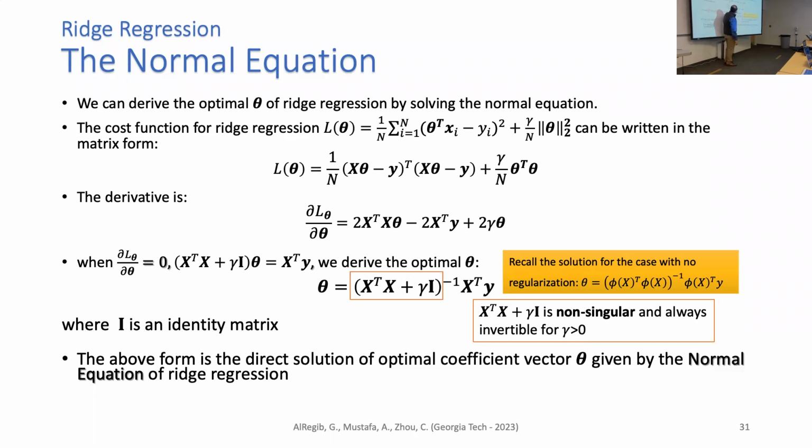Compared to what we had before from the normal equations, I now have a new term, gamma times theta, because I involved this gamma, the theta squared or L2 norm. Take this and set it equal to 0, and then find the value for theta. That will be x transpose x, what we had before. Remember, we had x transpose x inverse times x transpose times y. That was our normal equations.